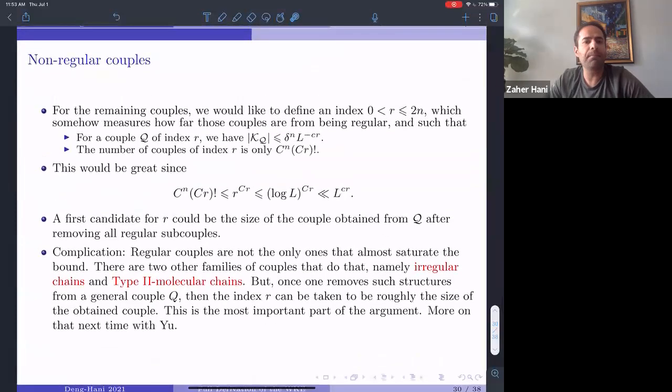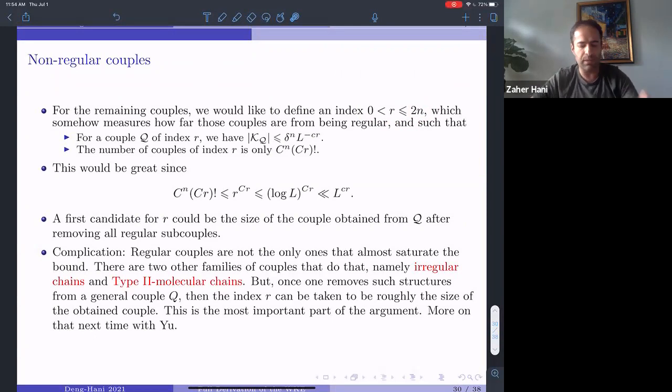All right, so what happens, I'll just have one slide on this and you will elaborate on it next week. So what happens to the non-regular couples, the remaining couples? For the remaining couples, we would like to define some sort of an index R between 0 and the size of the couple, n, which somehow measures how far these couples are from being regular.